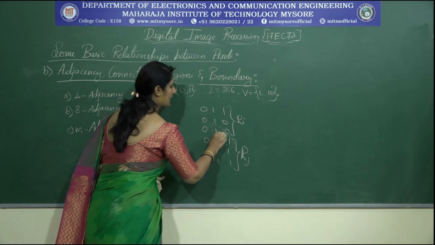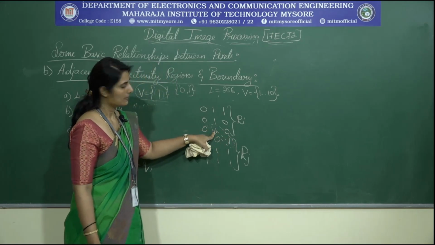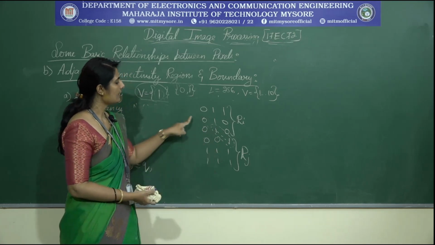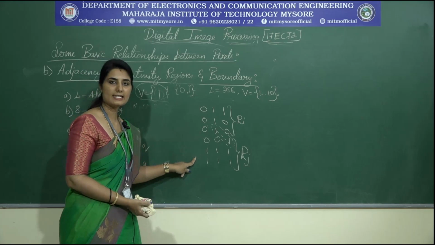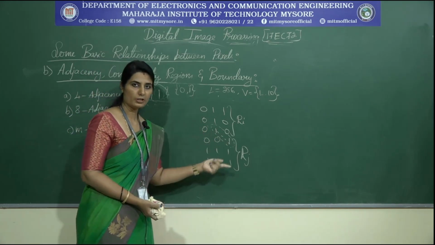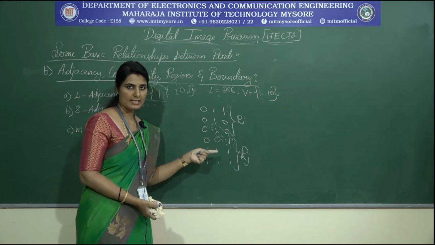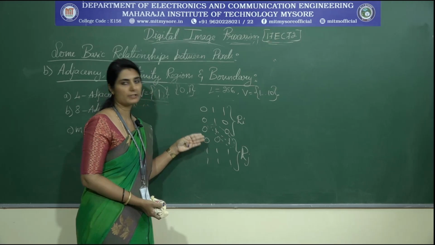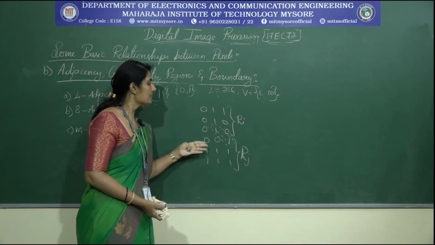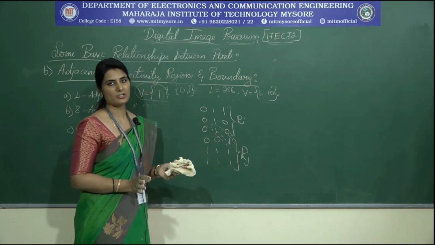If any path exists between the pixels of these two regions, then we say that these two regions are adjacent regions. If there is no connectivity, either 4 adjacency, 8 adjacency or M adjacency, then we say that these two are disjoint regions.